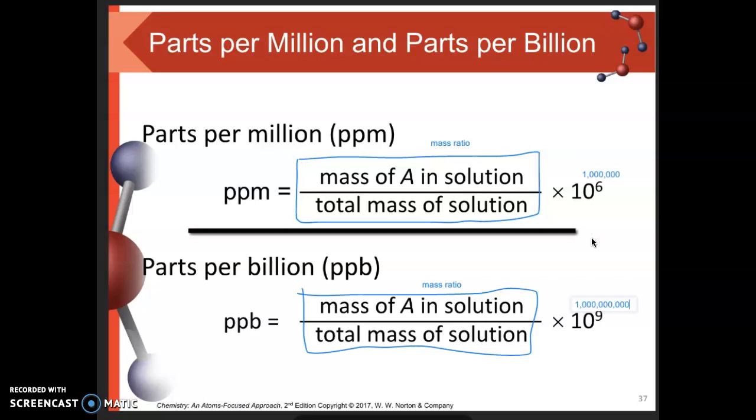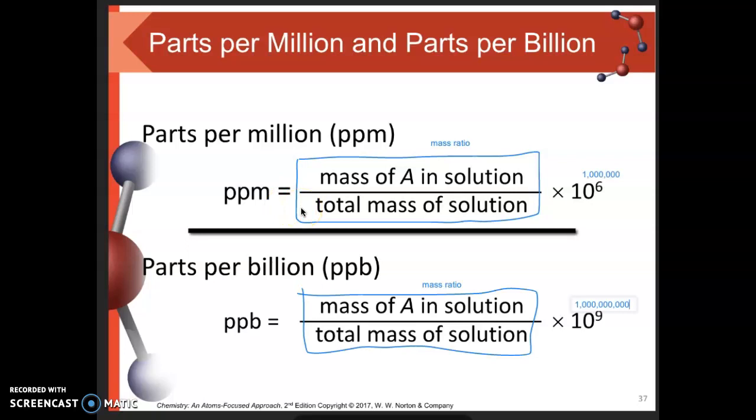But if I told you that it was 0.0000001%, you might be able to look at that and go, okay, that's a small number, but what is its context? However, if I said, okay, well, that's 1 part per million, and the EPA standard is 0.2 parts per million, then you'd be concerned.